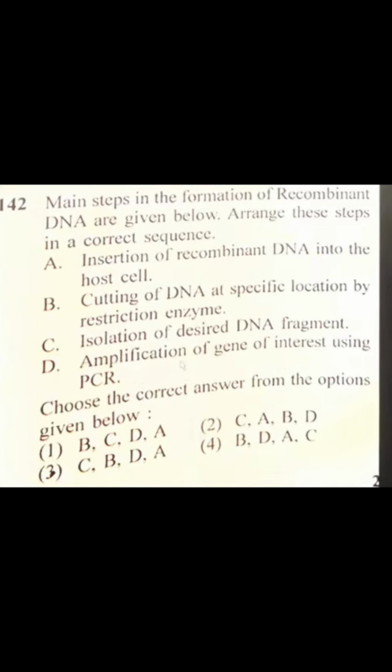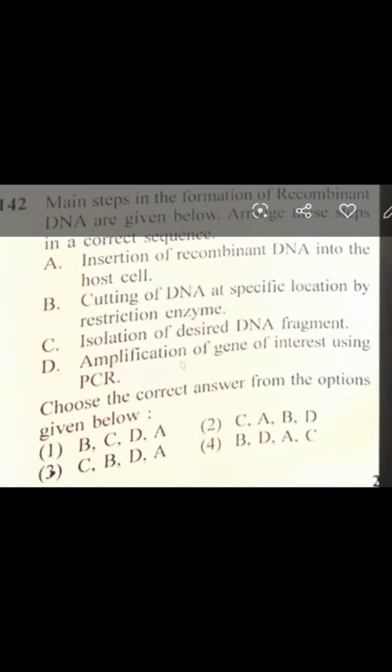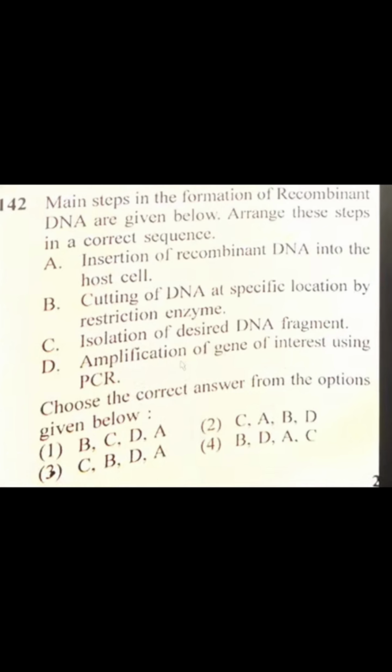No. First, isolation of desired DNA fragment, and then cutting of DNA at specific location by restriction enzyme, amplification of gene of interest using PCR, and then insertion of recombinant DNA into the host cell. So correct option is C, B, D, A. Third is the correct option.